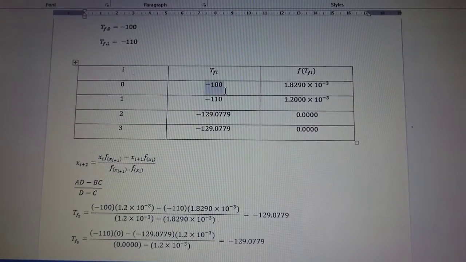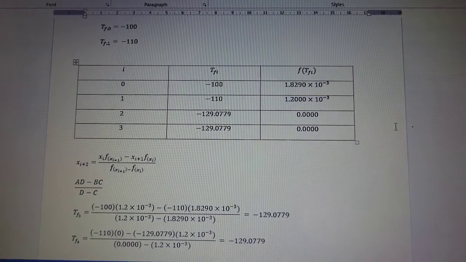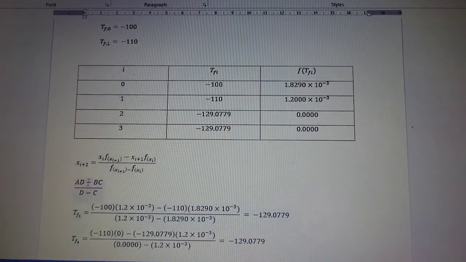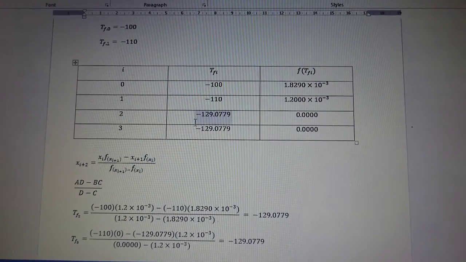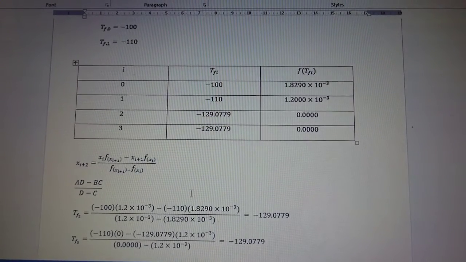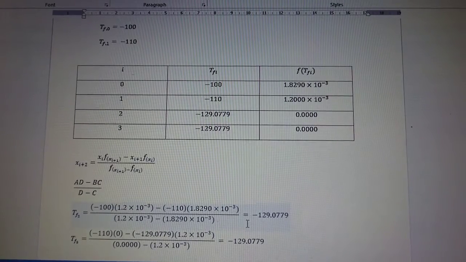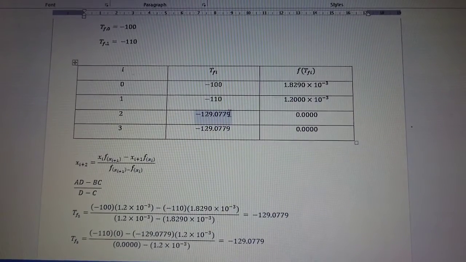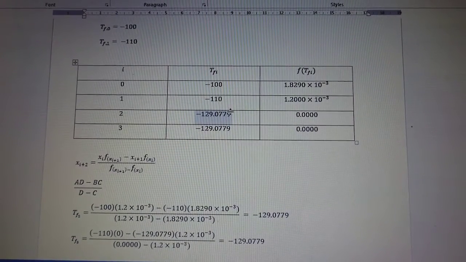So this is the A, this is the B, this is the C, and this is the D. We put the values into the formula to find Tf2, and we get the answer -129.0779. So we have Tf2.